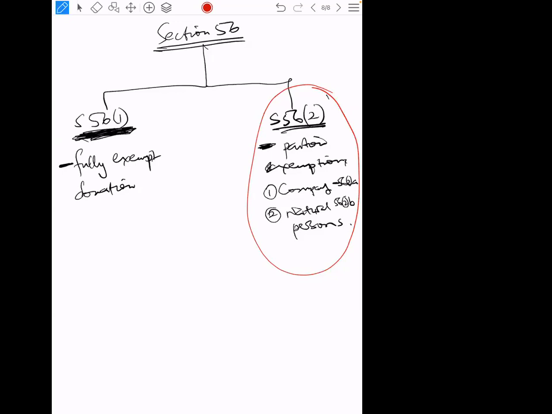A registered antenuptial, postnuptial, we highlight spouse as well. Because in the exam, when you're looking for a donation in the paper, they told you it was donated to a spouse under an antenuptial or postnuptial contract. You now want to know it's exempt in terms of 56(1) what. Those are the key words that we want to see. So to make them easily identifiable, highlight them. You can't highlight everything. Highlight the key words.